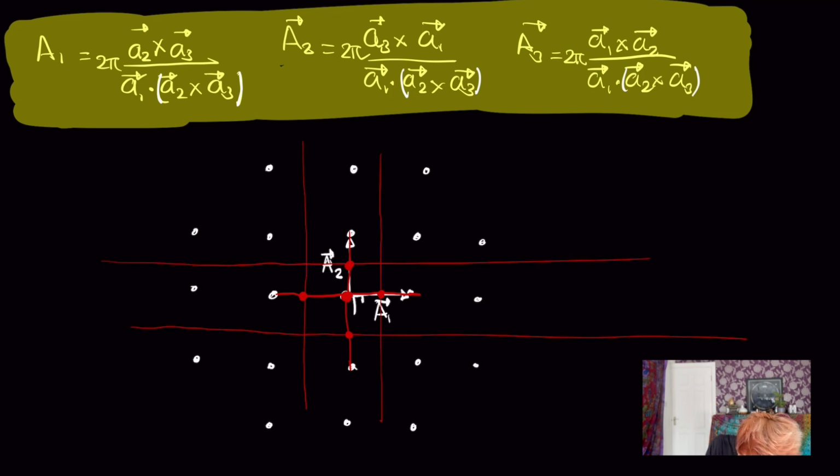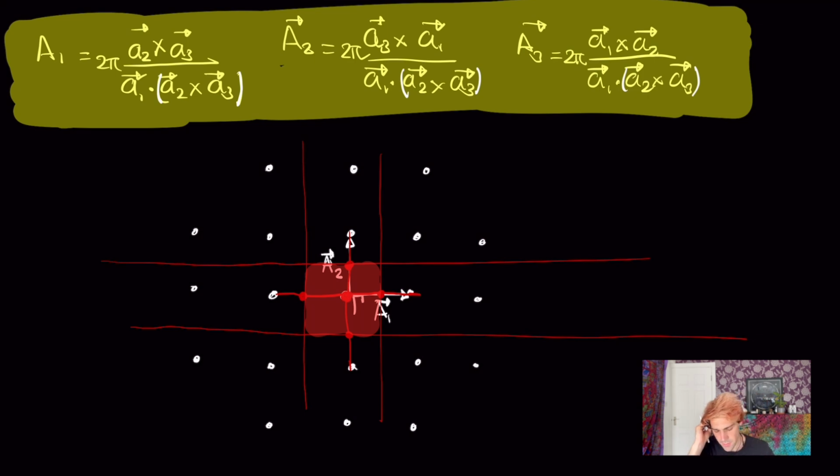And the region that is enclosed by these bisection lines is known as the Wigner-Seitz cell. It's worth mentioning that a Wigner-Seitz cell is a primitive unit cell because it only contains one lattice point at the center.